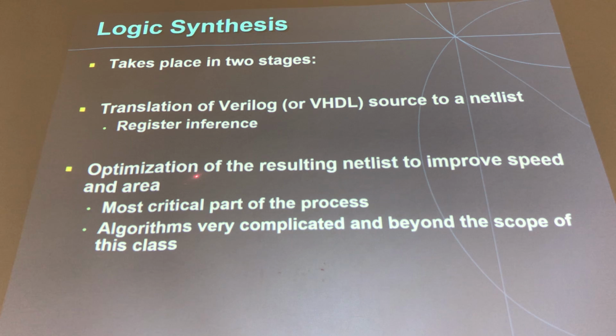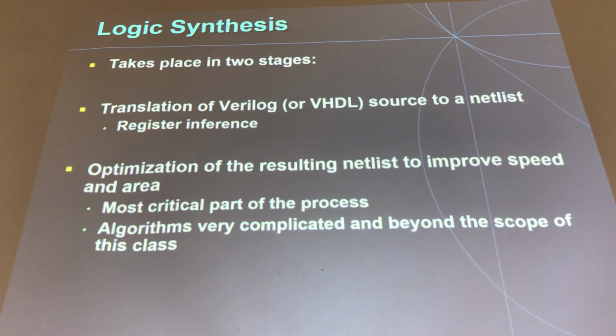Optimization is the second stage. After you translate into gate level, you try to optimize so that you can meet your constraints. Maybe you want a very high speed. You give a direction, and the compiler will give you a high speed version. Maybe you are concerned about the chip area, hopefully as small as possible.